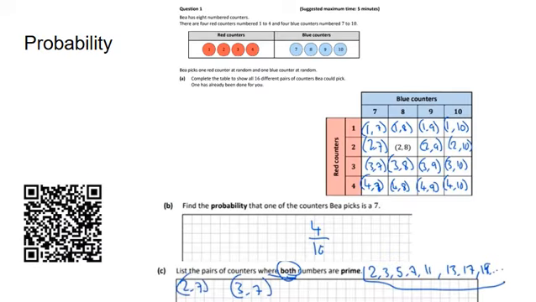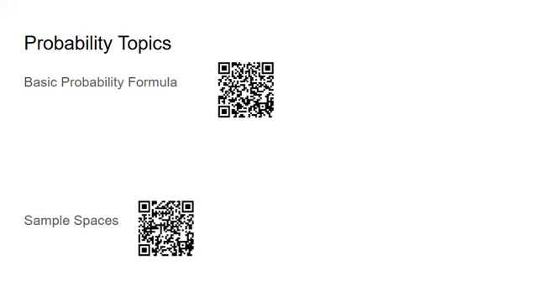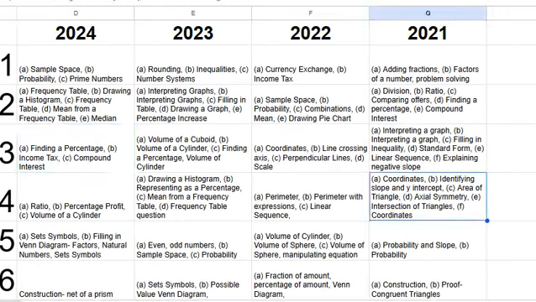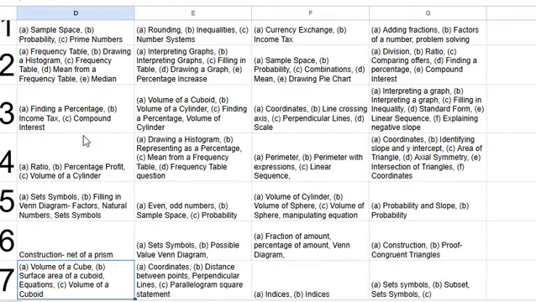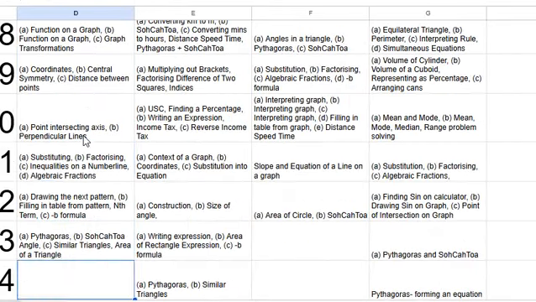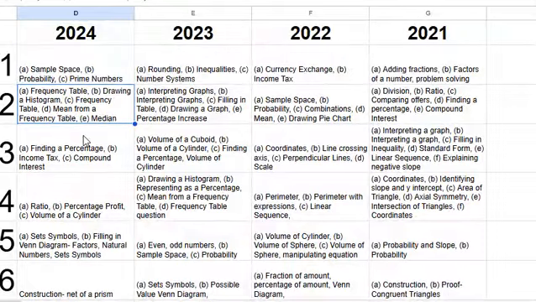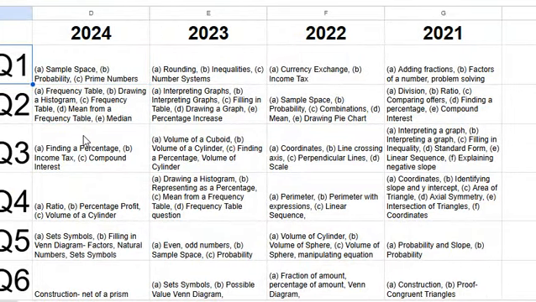Right, probability, just being able to figure out basic probability questions, and then sample spaces. Sample spaces, I think I've come up a few times. So probability, yeah, sample space came up question 1 there last year in 2024, and B was the more probability.